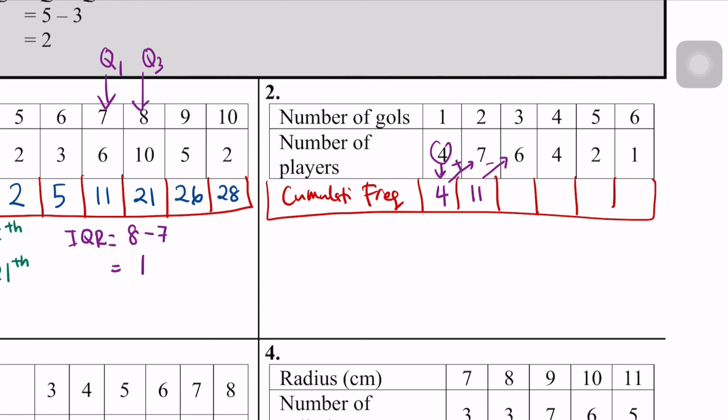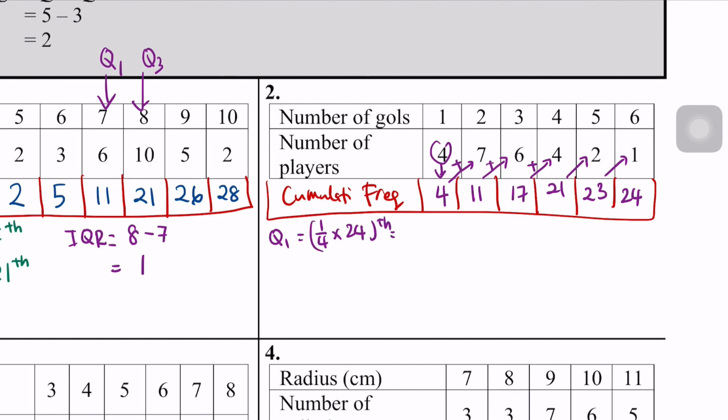Tambah 6, 17. Tambah 4, 21. Plus 2, 23. Plus 1, 24. So maksudnya kita ada 24 students. Okay, 24 players. So quartile 1, first quartile is equal to 1/4 times 24 TH.